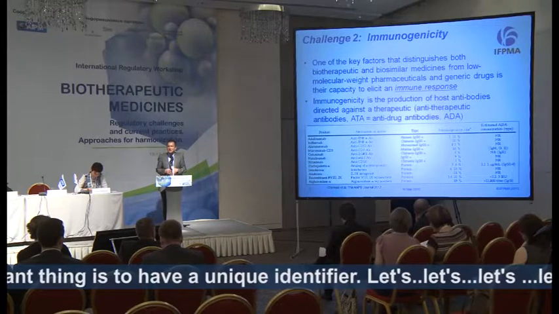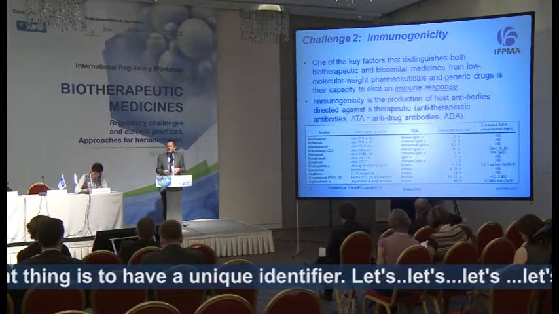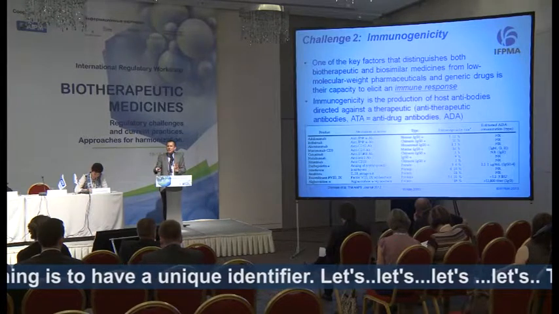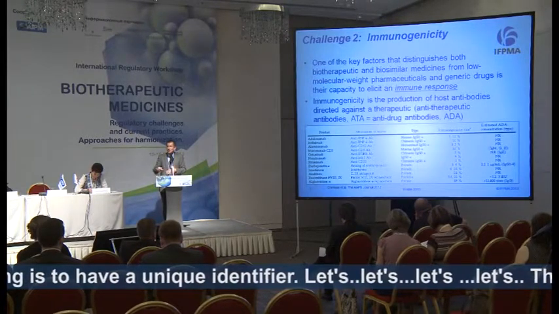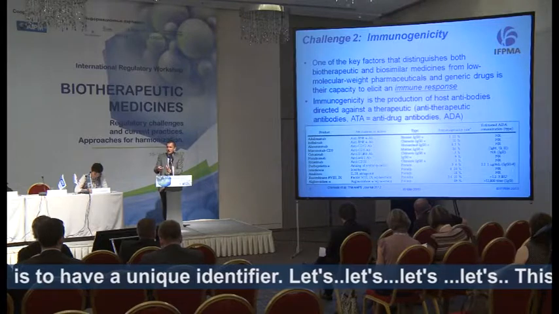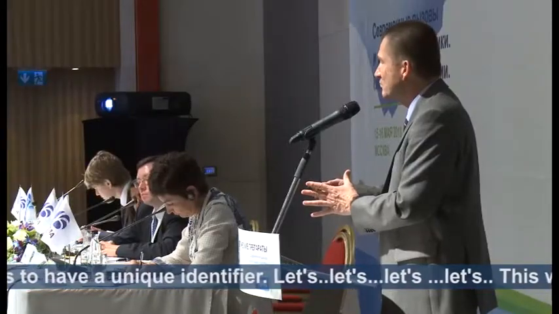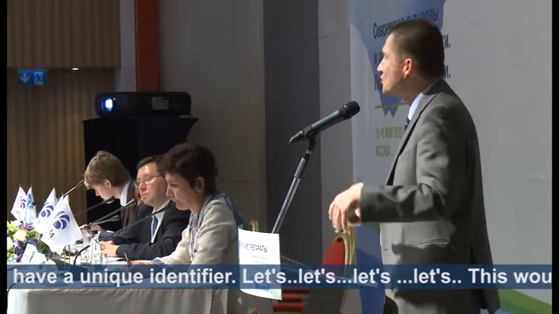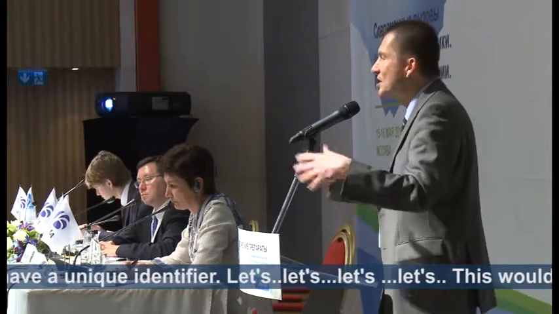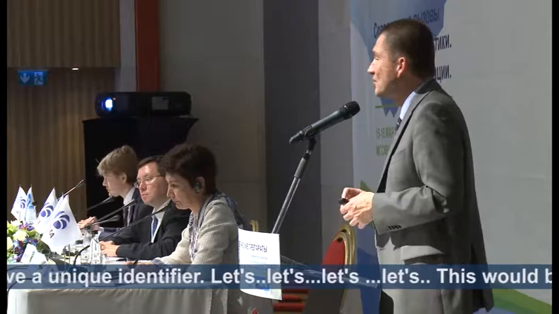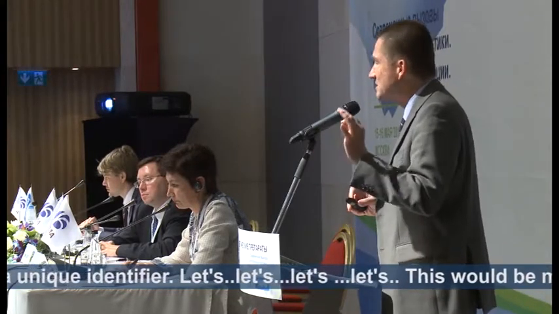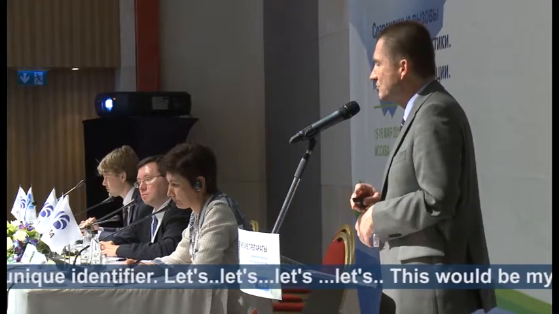These numbers you see here, you can split them up. And then you see in each and every patient population treated with these biologics a different immune response, dependent on co-medication and other patient factors. So it's really quite a complex thing we are talking about here.